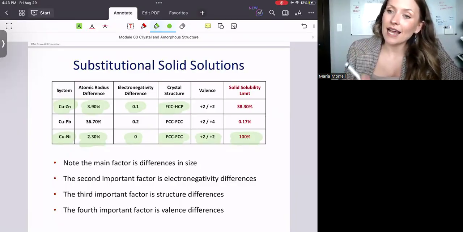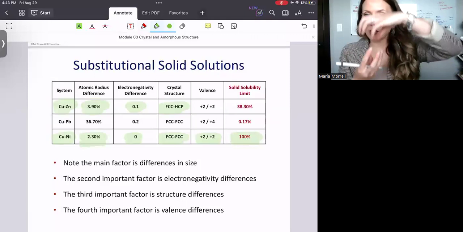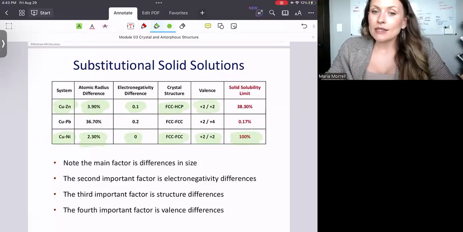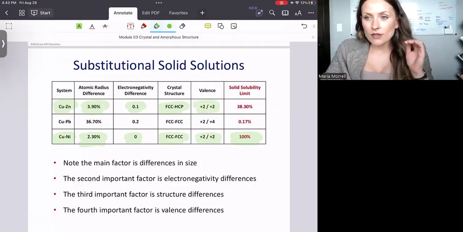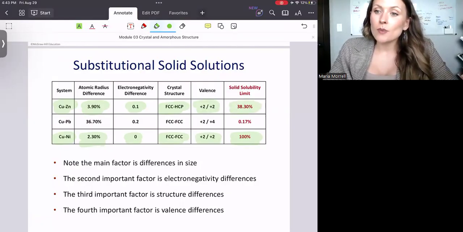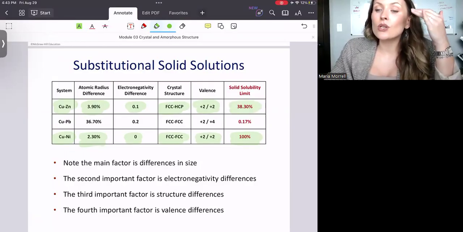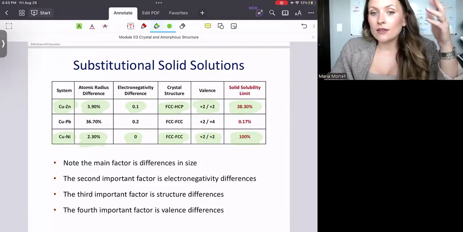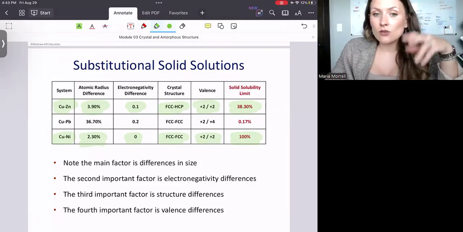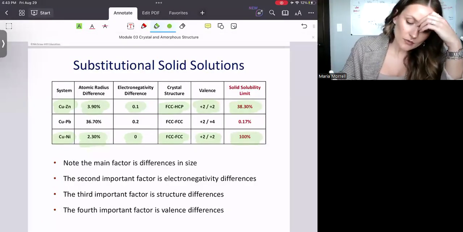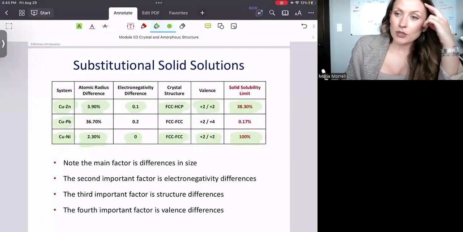HCP is your hexagonal close-packed. Hopefully, you guys remember what it looks like. And they do have the same valence. But once you have a difference here, you have a difference there, and the solubility limit drops from 100% to 38%. It's a very significant difference, meaning that the maximum of zinc that you can dissolve in pure copper is 38.3%.